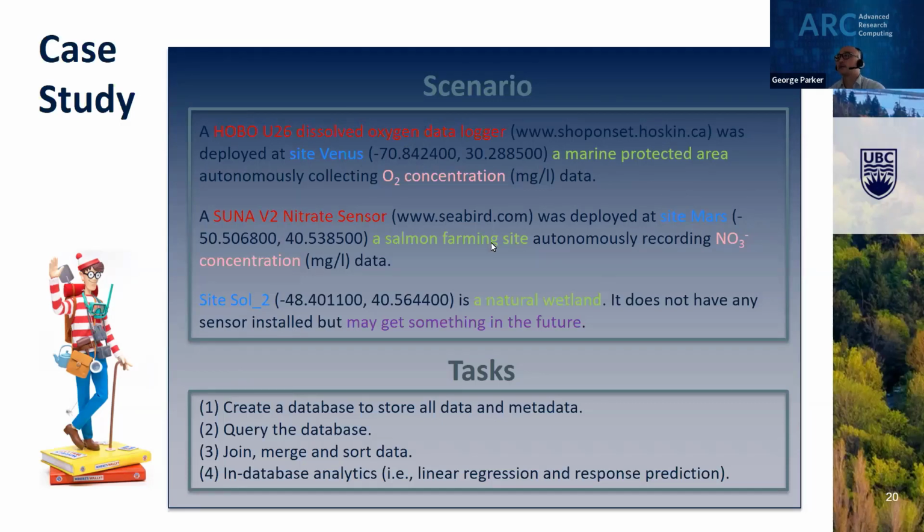At site Mars, which is a salmon farming site, there is a nitrate sensor deployed, collecting nitrate concentration. Autonomous just means the instruments are running on batteries, collecting data at a predetermined interval.